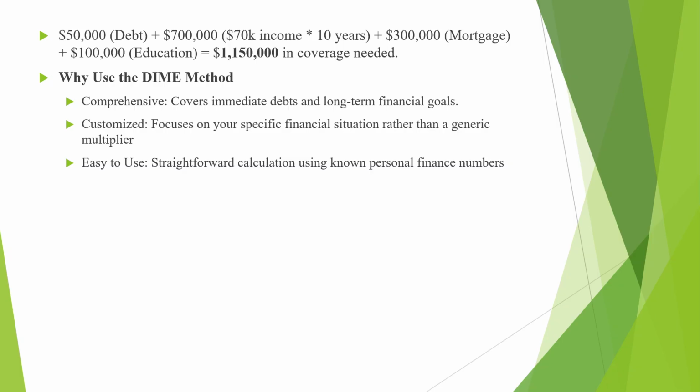Now, why use the DIME method? Because it covers immediate debt and long-term financial goals. In this example your debt is $50,000 and your income is 70K, and if something happens to you, at least for 10 years your family can live the same as you are living right now.